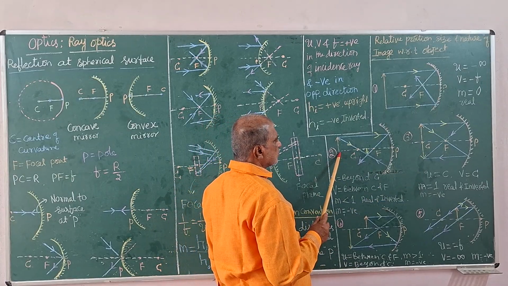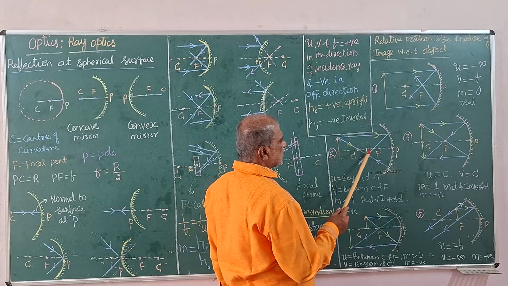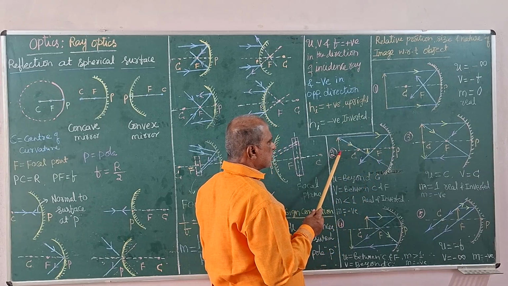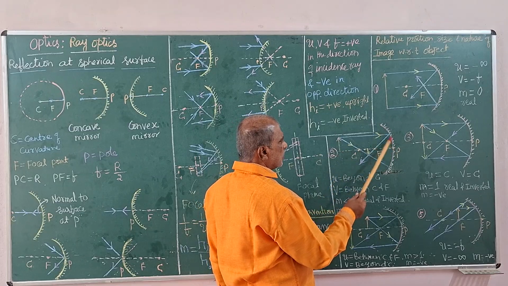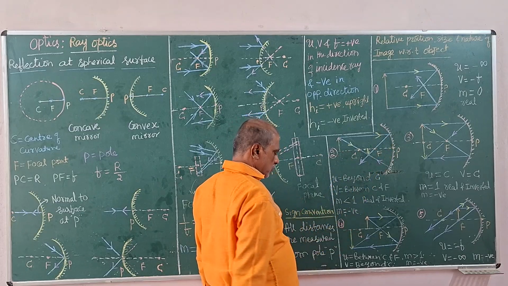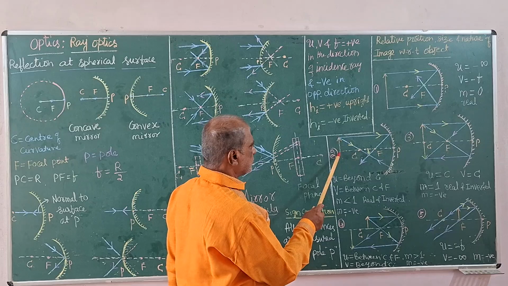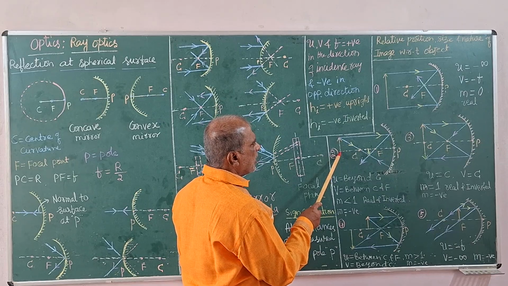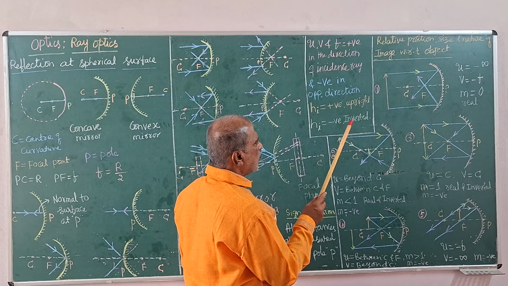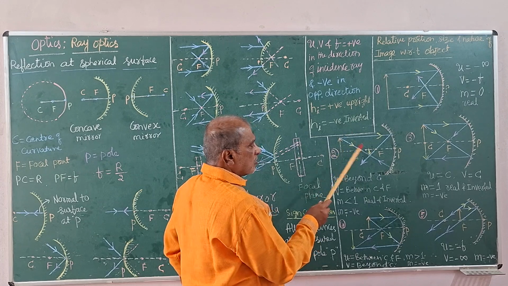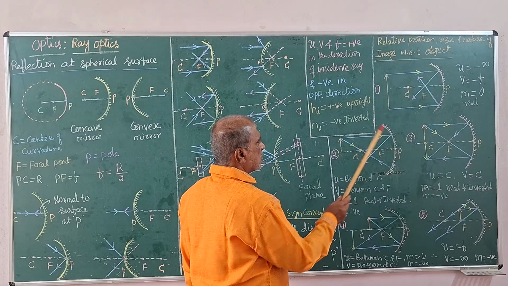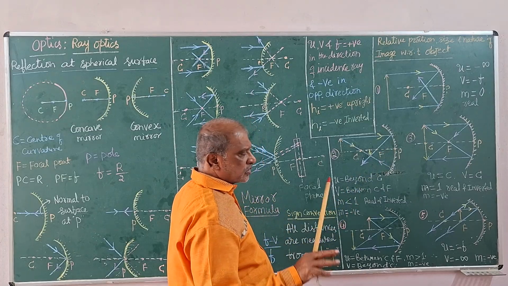The incident ray is along the same line as the reflected ray, since it is normal to the mirror at this point. The point at the bottom of the object and the point at the bottom of the image are always in touch with the principal axis. That is one thing that is clear.